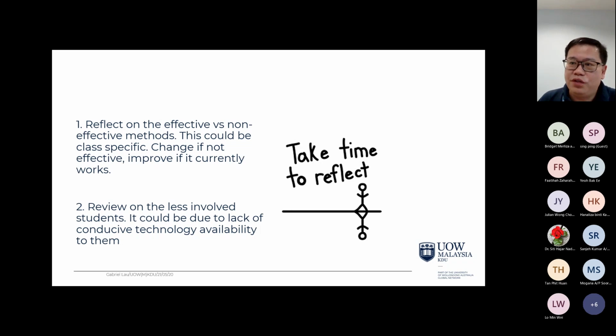Number 2, review the less involved students. It could be due to lack of conducive technology available to them. Now, this is also important. When you review students in a classroom environment, where the majority of things are equal for all, student A, student B, they are in a similar physical environment.